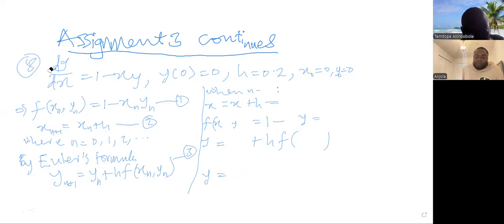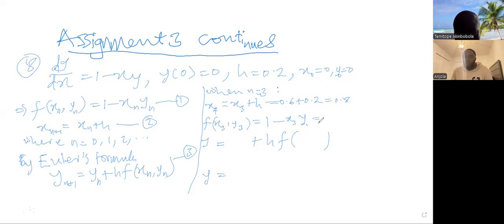Okay. So when n is 3, you now have x4 equals x3 plus h. What's our x3? 0.6. 0.6 plus 0.2. That's 0.8. So f of x3, y3 will now be 1 minus x3 y3.